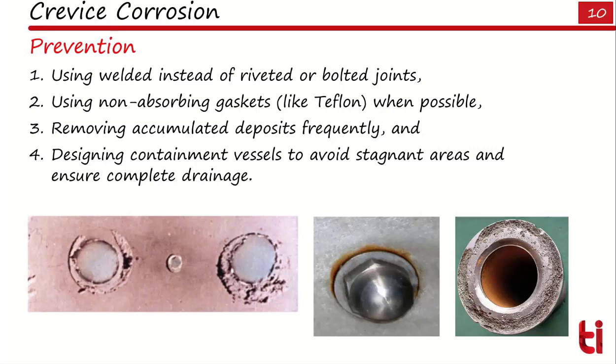Any riveted or bolted joints can be replaced with a welded joint. One can use non-absorbing gaskets like Teflon wherever possible. So it minimizes the segregation of aqueous materials into the crevice region.